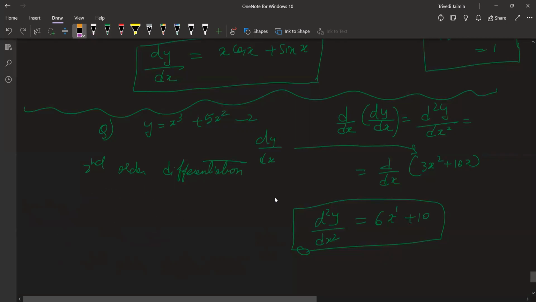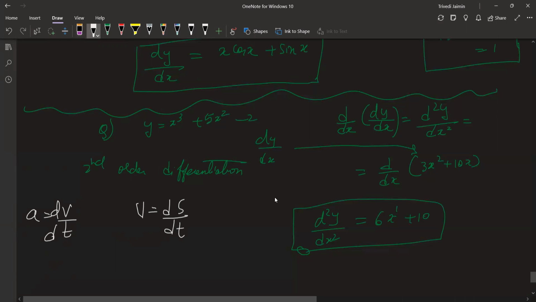Can you repeat this example? Yeah. To find acceleration, exactly. Acceleration is actually dv by dt. We are differentiating velocity with respect to time. To find v, we differentiate ds by dt, where ds means displacement.